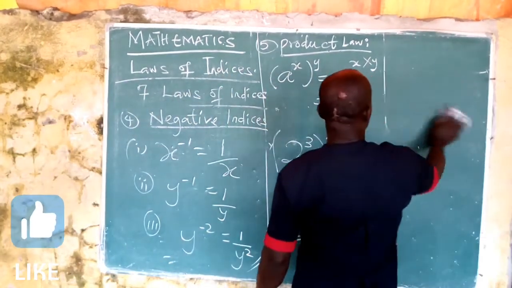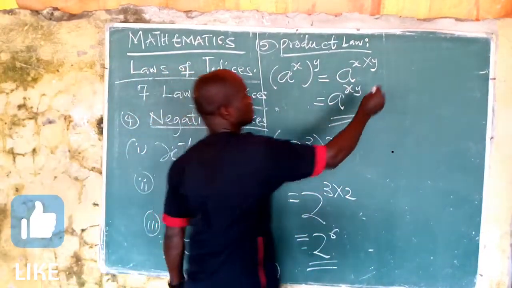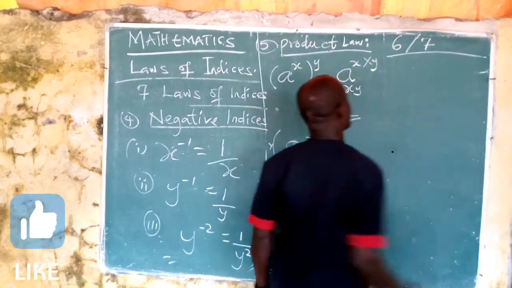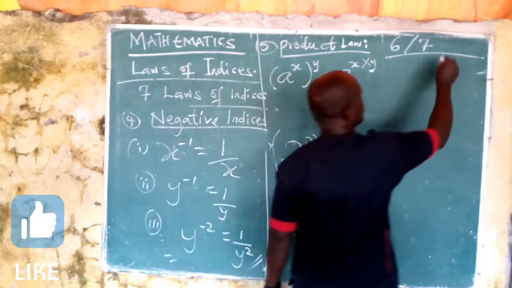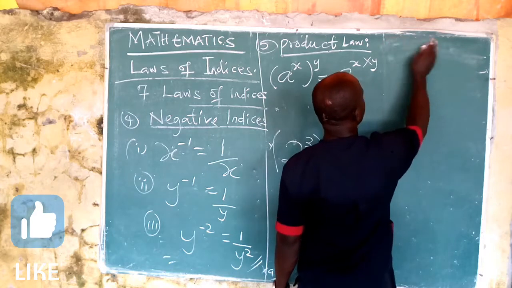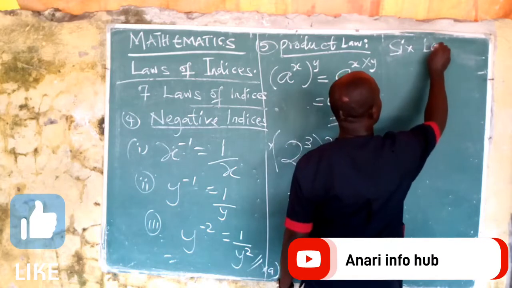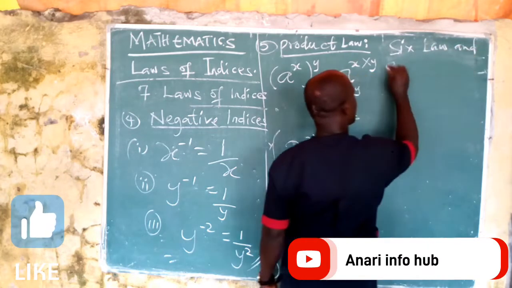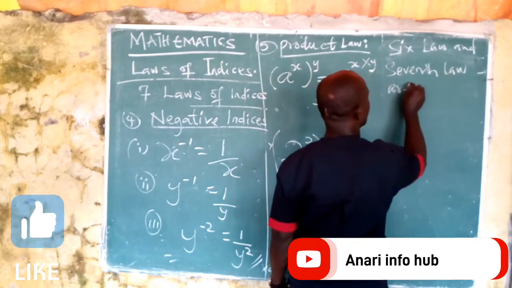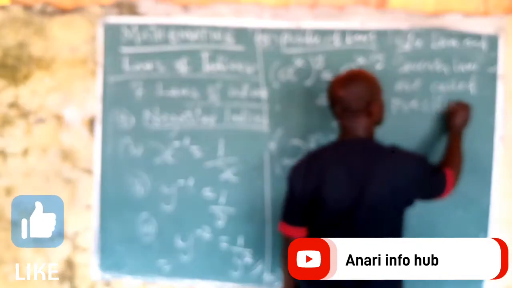The next one is the 6th law. Please let me remind us that the 6th law and 7th law have just one name, and they are referred to as fractional indices.